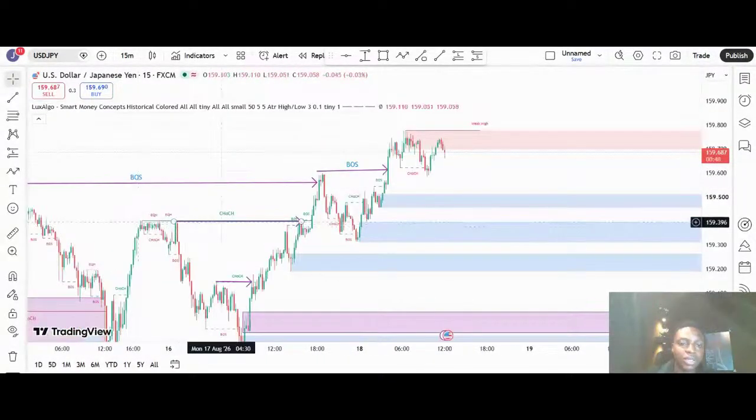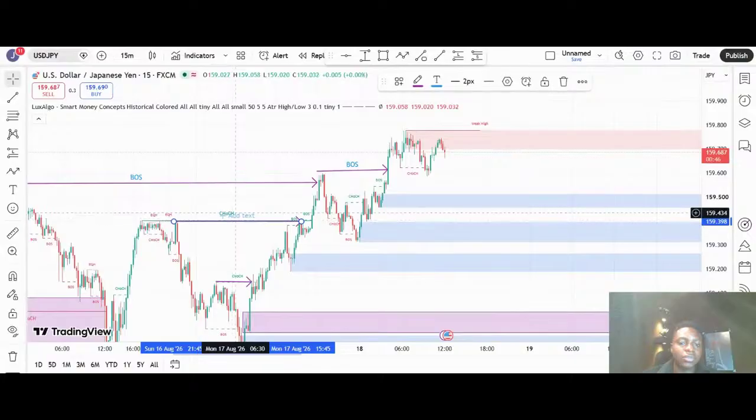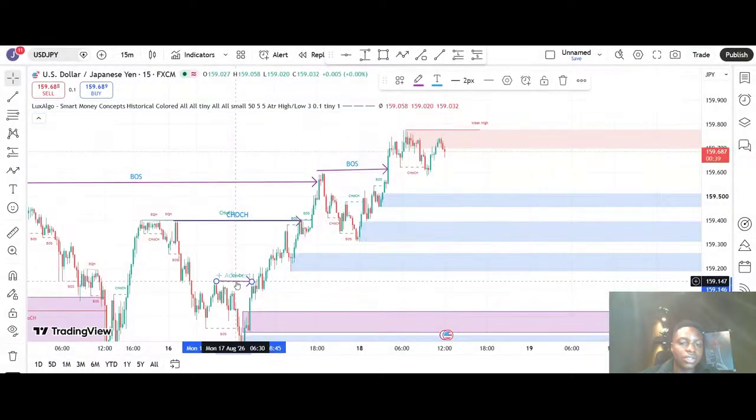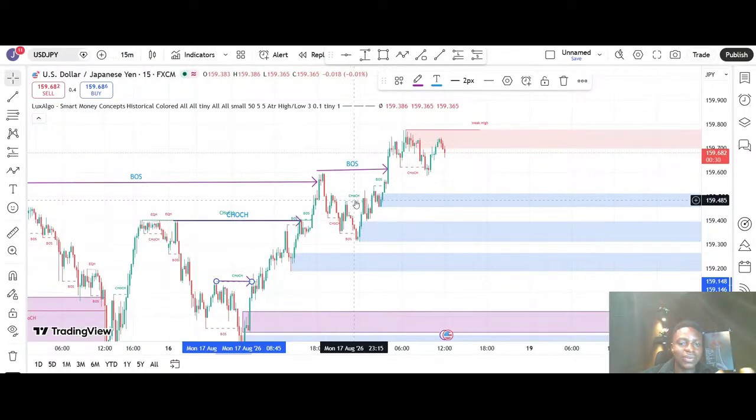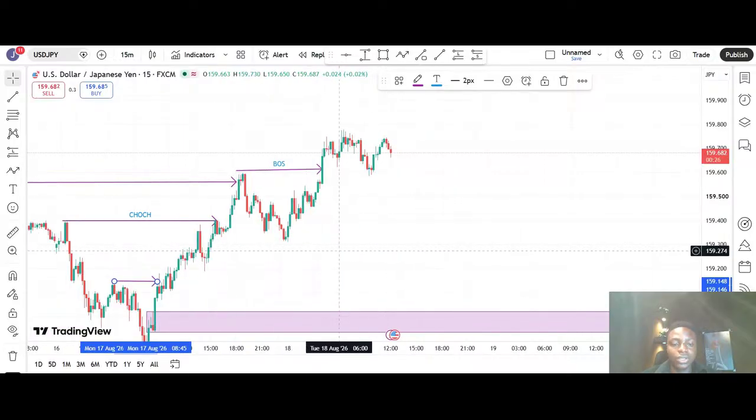So you can see that you have your change of character here, because this is a very strong change of character, right? Now this is a break of structure, but it's still a change of character in your lower time frame, right? Good. What else? There's a break of structure, break of structure. There are a lot of internal structures, but we can't go about drawing them that way, right?